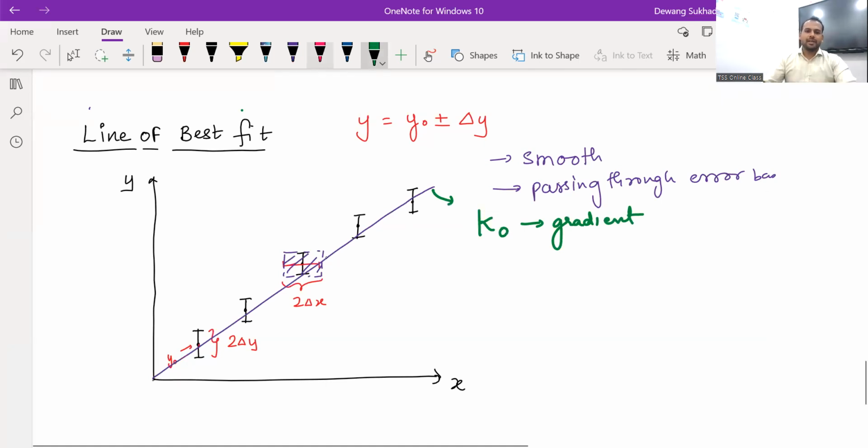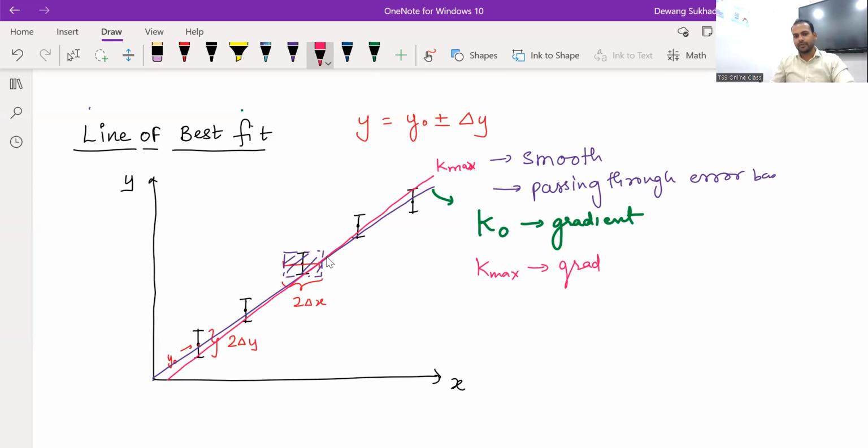Since there are multiple lines possible, we can also take a line which passes through the bottom of the first point and the topmost point of the last point. That will have a k max, which is the gradient of the line with the maximum slope.